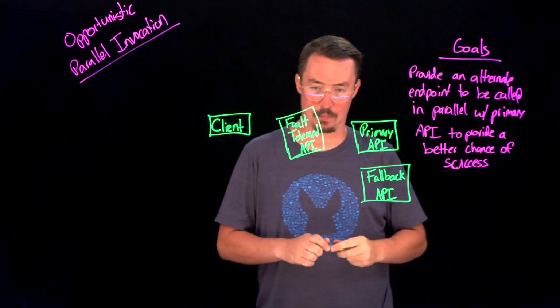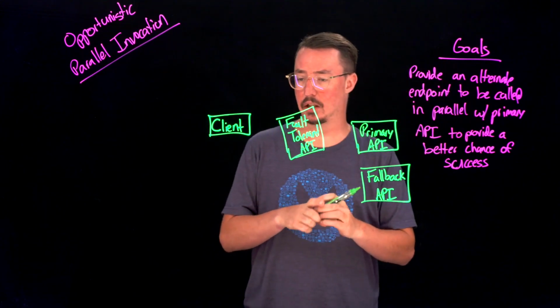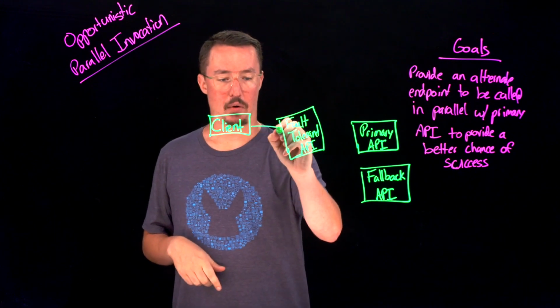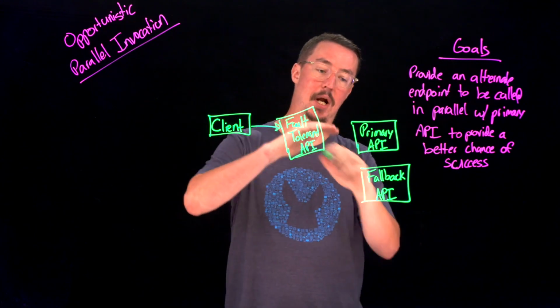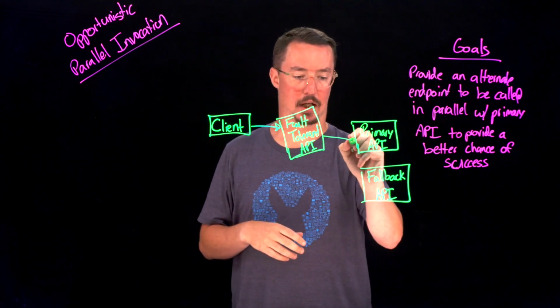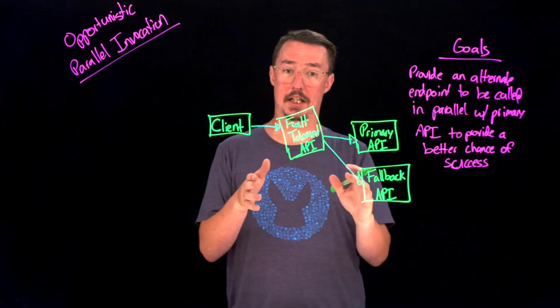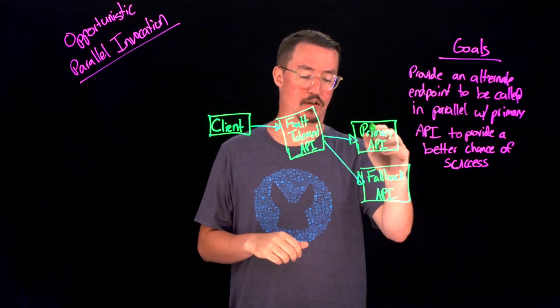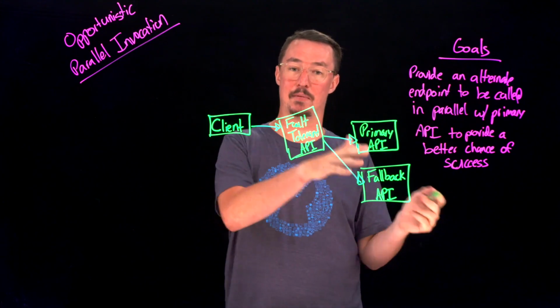So what's going to happen here is that we're going to go and have the client go and call our fault-tolerant API, which will then, in parallel, go and call both the primary API and the fallback API. So now what's going to happen here is both of these APIs are going to be processing the requests at the same time.